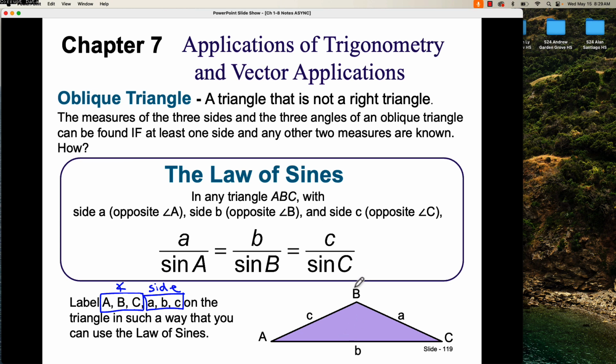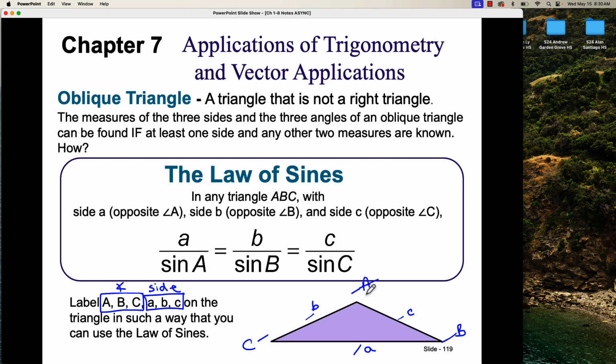Let's pretend we moved capital A to here. Then opposite of that, the side length would be represented by lowercase a, and then we can move this one to be capital B. Across from that would then become lowercase b. This one we could make capital C, and across from that would be lowercase c. So there is a second solution.